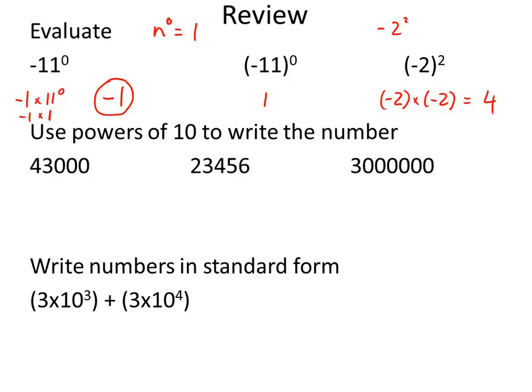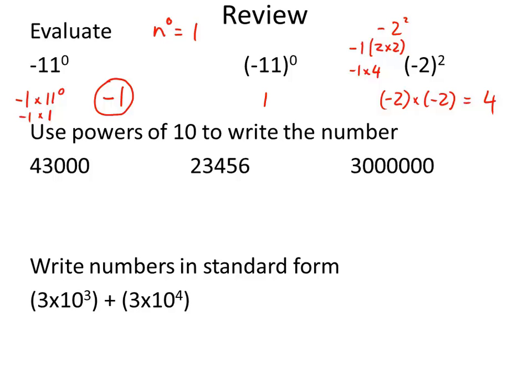Our negative is on the outside, like our negative 1, and then we'd have 2 times 2, so that would be negative 1 times 4. We can see how this one up here would equal negative 4, but this one, when we have those brackets separating it, is going to be a positive 4.